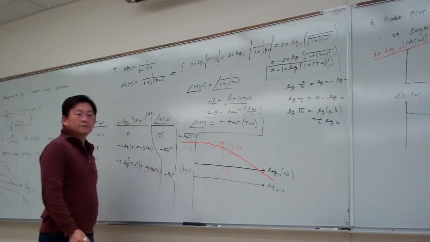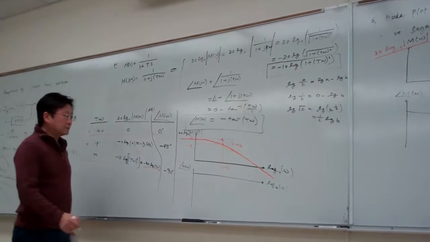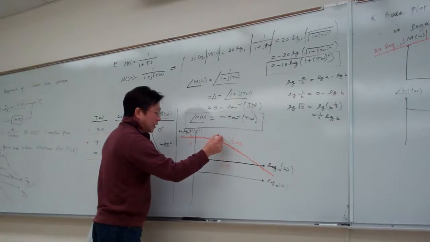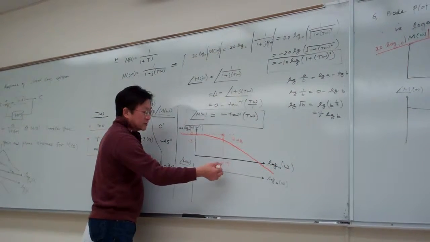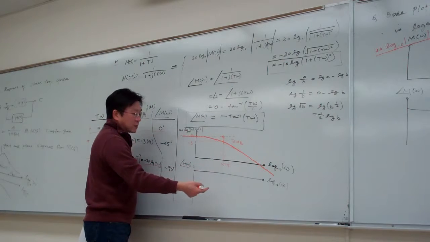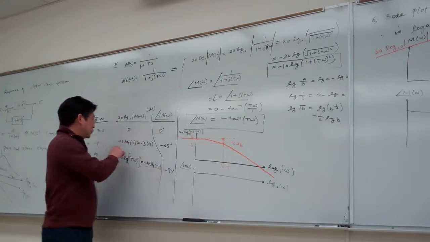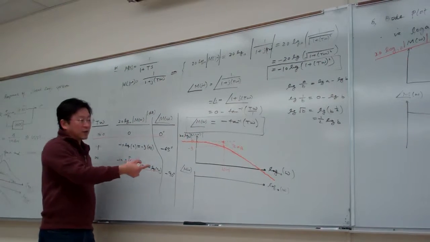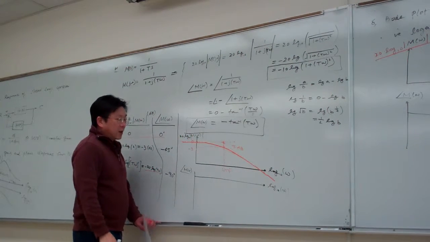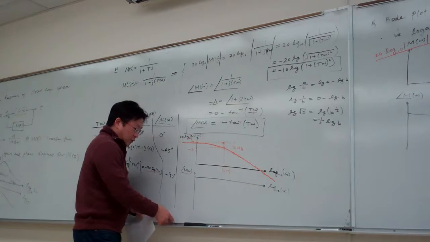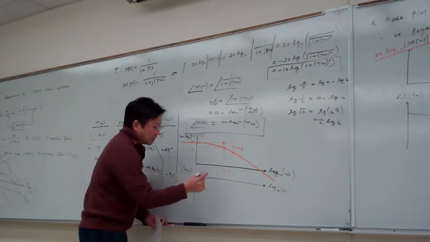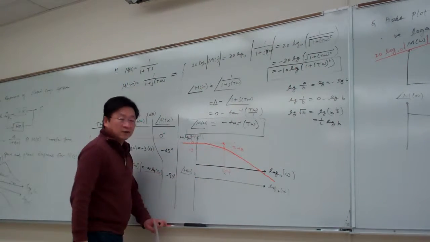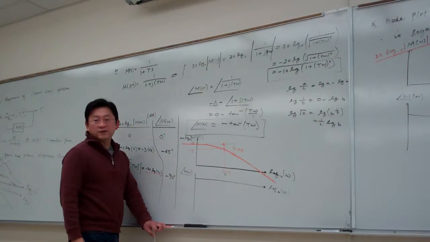Okay, and this one, at this particular frequency, for this case is omega T equal to 1, or equivalently omega equal to 1 over T. And most of the time people give a special name to this, called omega c, and they call it the corner frequency.